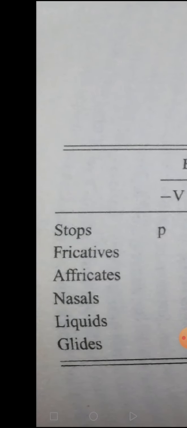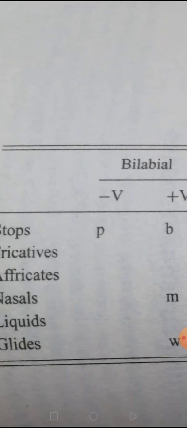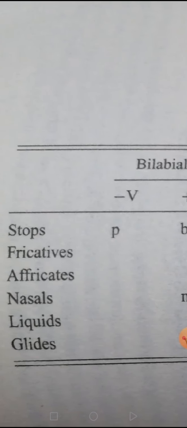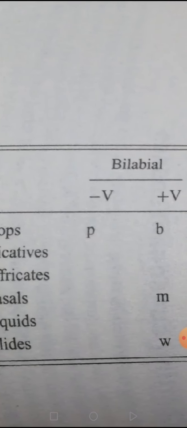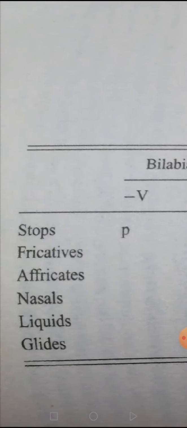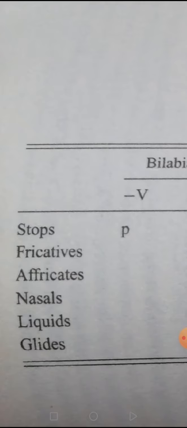Now, how are these 24 consonants produced? The process by which they are produced. First of all, we have stops, al-aswat al-infijariya. What are they?